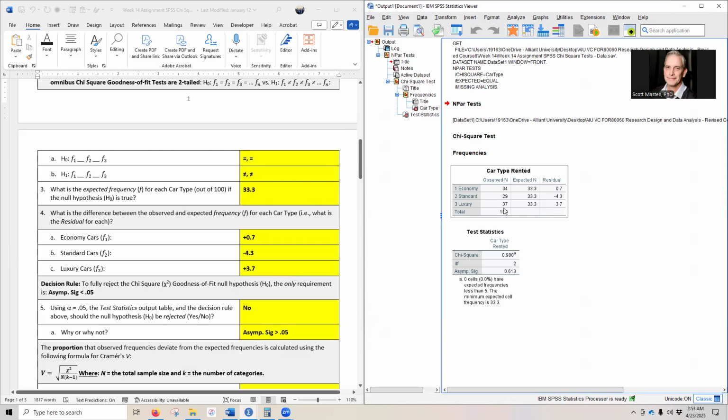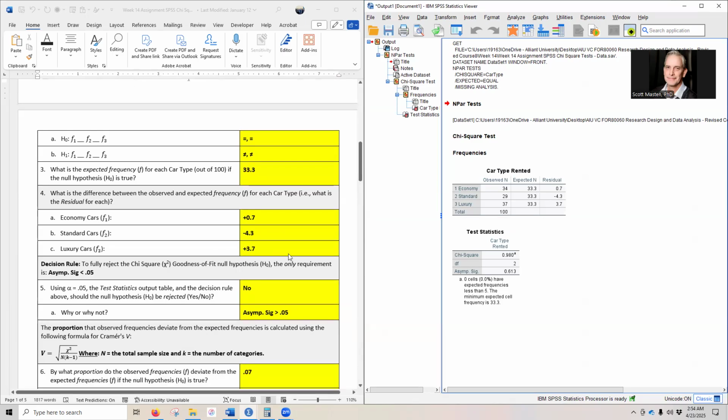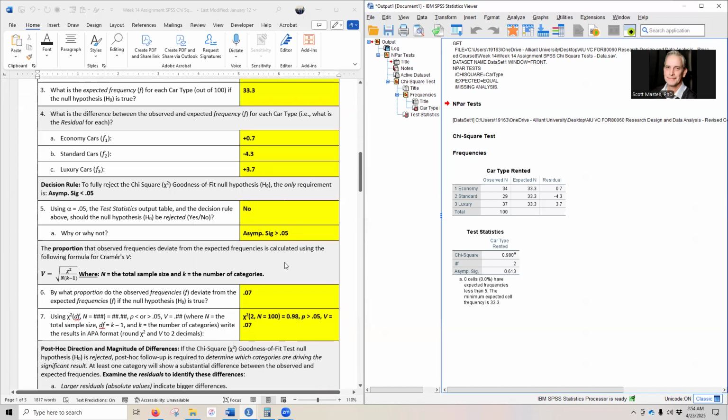The residuals are literally that number minus that number gives you that number. So there were 0.7 of a car more economies, 4.3 fewer standards, and 3.7 more luxuries. So are these big enough for us to say something crazy is going on here? Anyway, 0.7, negative 4.3, and 3.7 are your residuals, differences from expectation.